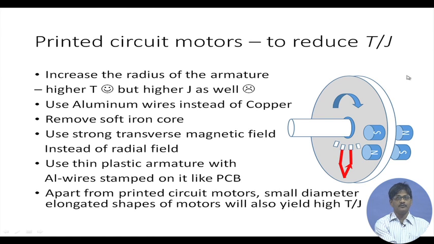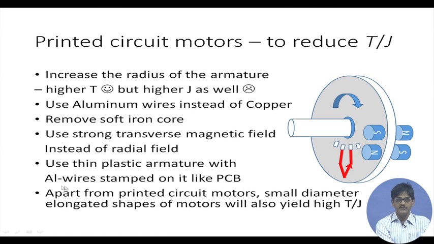But what about reduction of mass? How are we reducing the mass of the armature and the rotor system? First of all, instead of having a bulky armature with a huge number of very heavy copper coils, where copper is used for its high conductivity, we go for a compromise and use aluminum, which is much lighter.